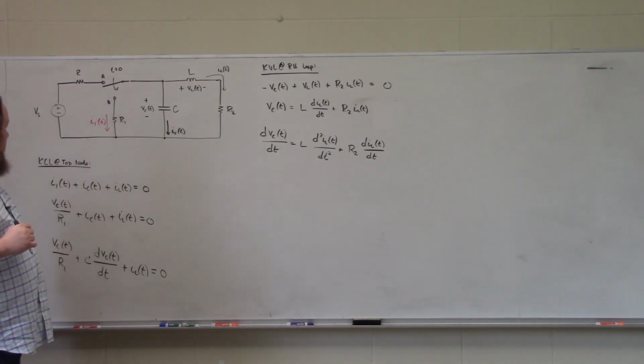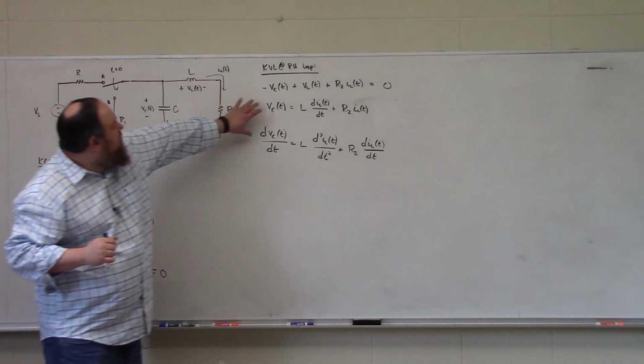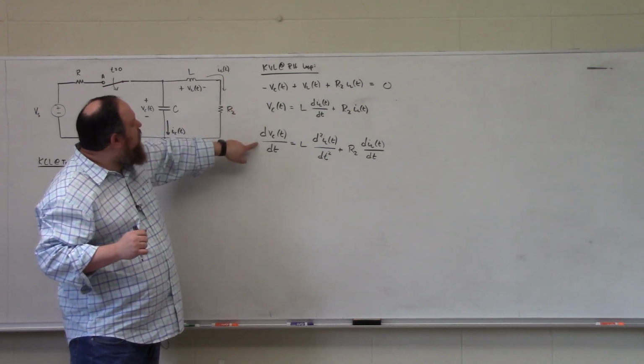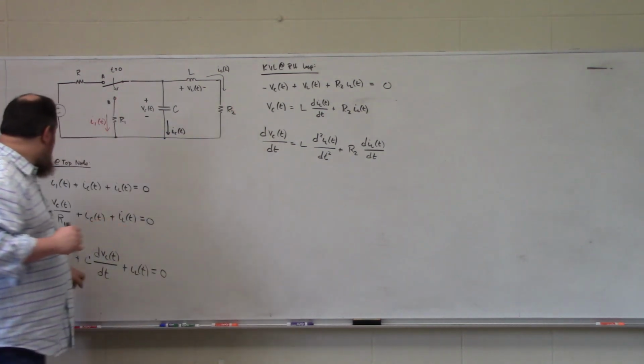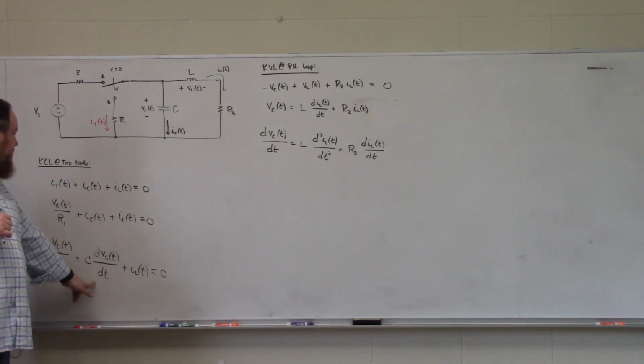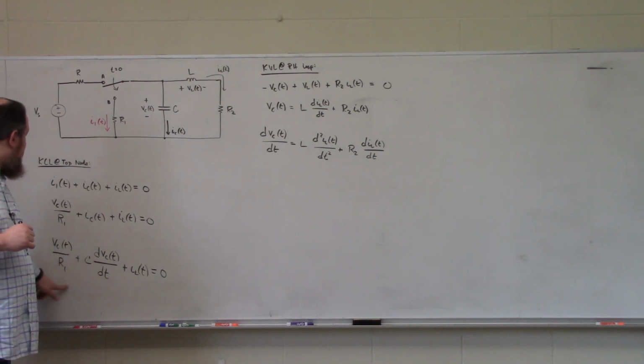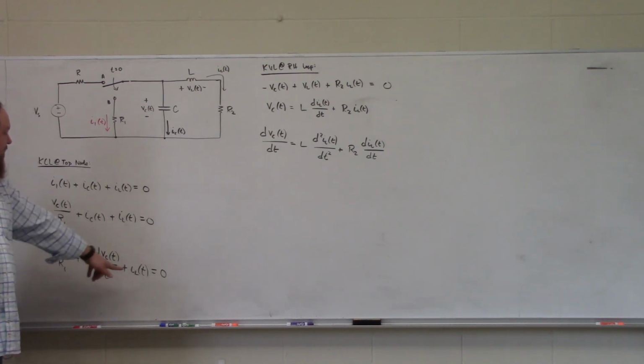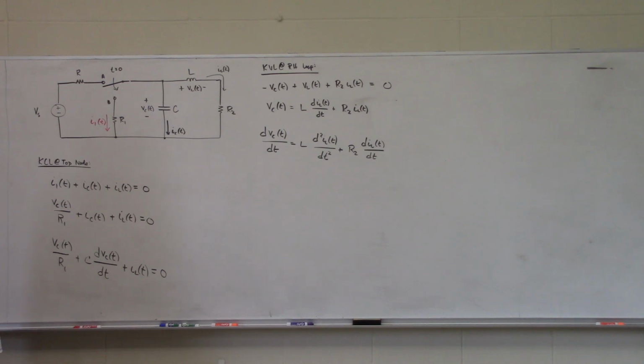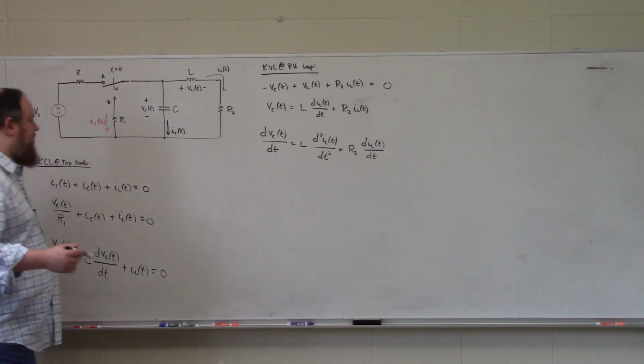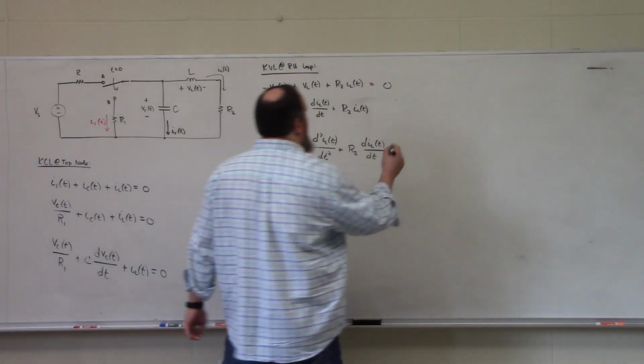What I have now is two equations, one for Vc of t and one for dV by dt, that I can substitute in to this guy, and I would have this expression entirely in terms of IL of t, its first derivative, and its second derivative.